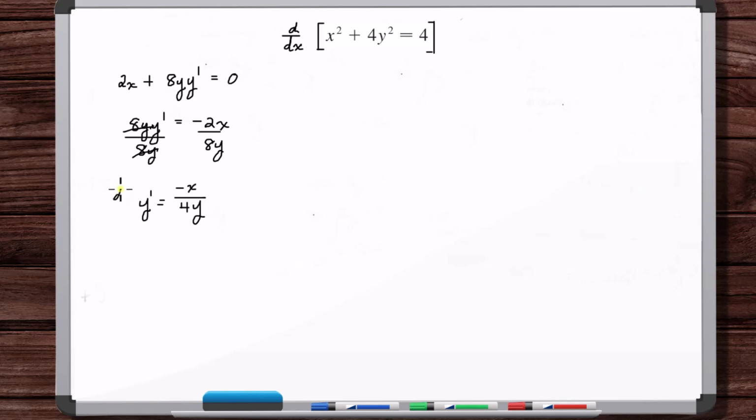Okay, so now let's just take the derivative of this equation. Right? So what do we have? d dx of y prime is just y double prime. And now here, d dx of minus x over 4y, we just use the quotient rule.